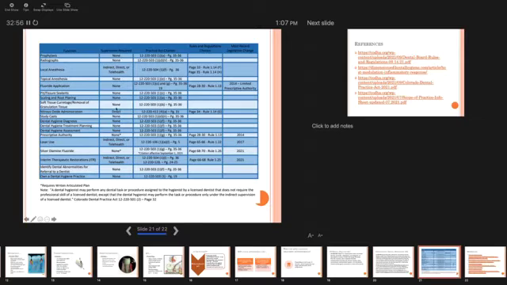You can see supervision required says none. But there's an asterisk there, and it requires a written articulated plan. Same thing as silver diamine fluoride, because silver diamine fluoride falls under prescriptive authority for dental hygienists in Colorado.